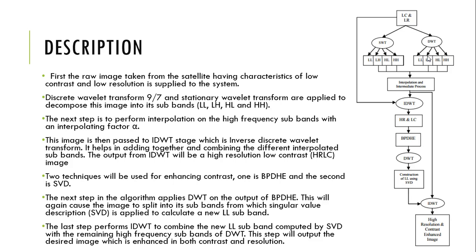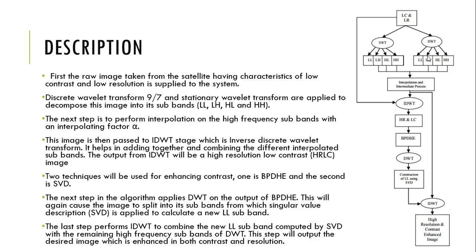Alpha can be any number. Then with these interpolated images, I'm going to do an inverse discrete wavelet transform to combine all these subbands to produce a high resolution and low contrast image.